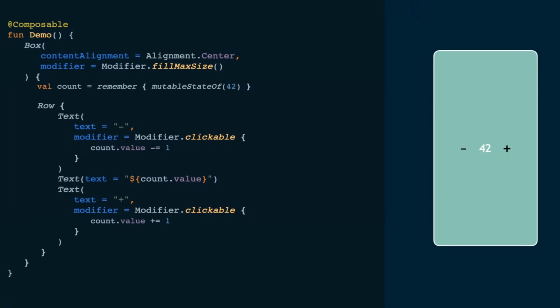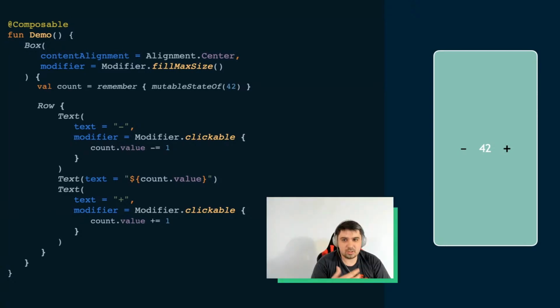Compose is declarative UI, which allows us to build a user interface with Kotlin and use all Kotlin features like if, else, forEach, filters, etc. Here, you can see a simple counter application, where we can increment or decrement our counter value.